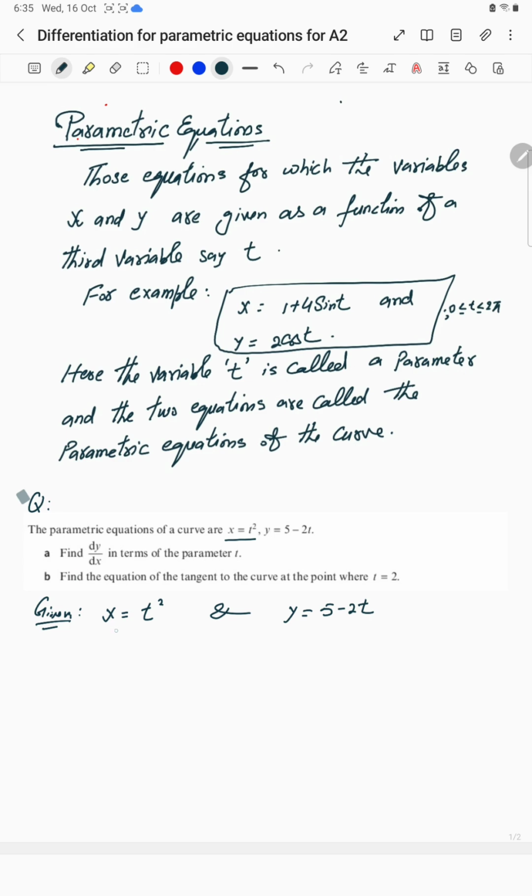So here you can see we have x and t, so you need to differentiate with respect to the third variable t.